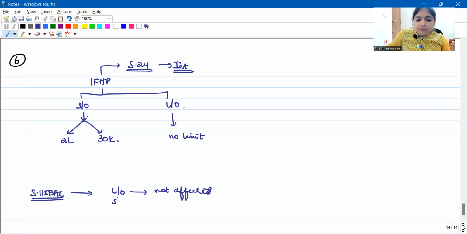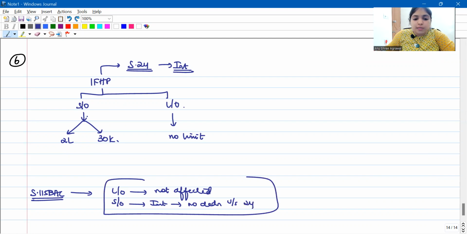But if it is a self-occupied property, then for interest, you have to forget about deduction, no deduction under section 24. Okay, so this is a concept which you need to know to answer the 6th question. If it is a let-out property under 115 BAC, there will be no change at all. But if it is a self-occupied property, then under 115 BAC, you don't get any deduction under section 24 for self-occupied property. Okay, with this knowledge, come to question number 6.